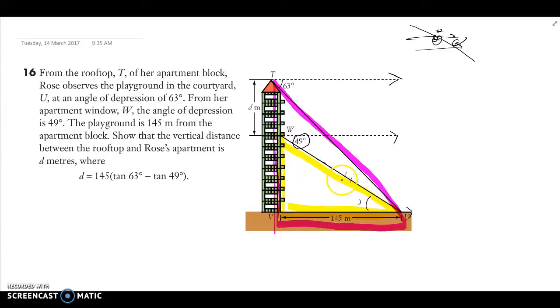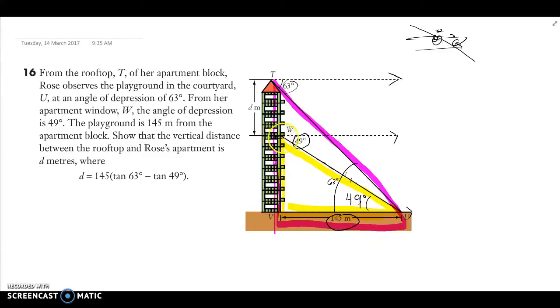Okay, so for the yellow triangle, that angle is 49 degrees. And then for this purple one, that one's going to be 63 degrees. Okay, so this angle coming out here would be 63 degrees. All right, so what I'm going to do is use this 145 and trig.